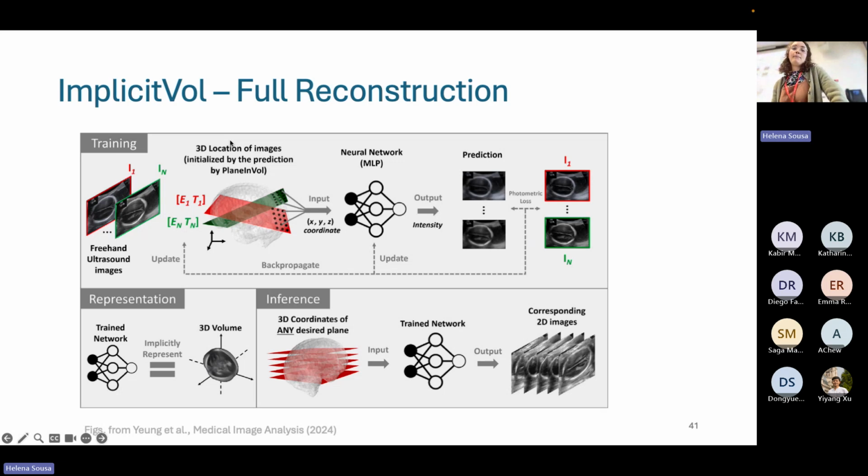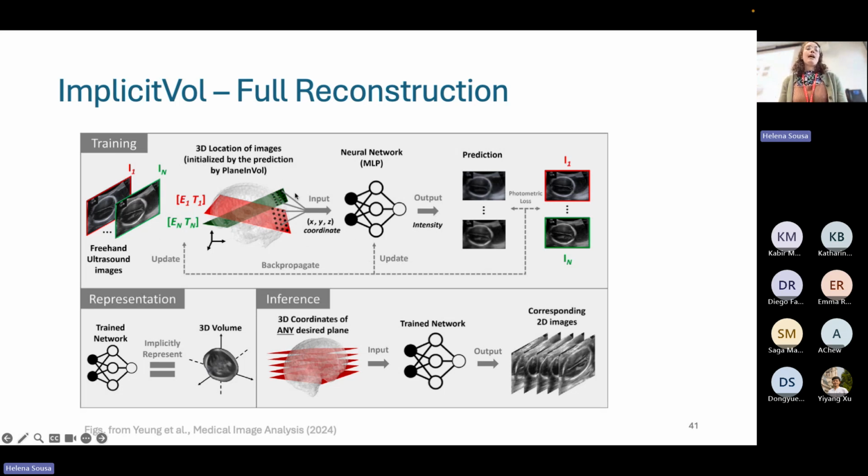In this case, they were aiming to combine what PlaneInVol had learnt in terms of accurate localization with an implicit neural representation to learn a continuous representation of a given volume.